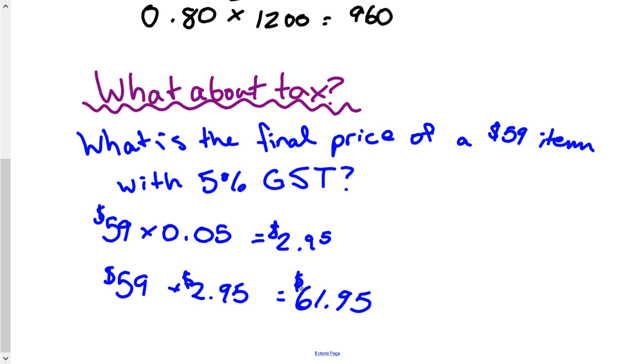And that works the same for anything when it comes to money. You just have to make sure to add your PST or your GST or your HST. They all mean the same. And sometimes we have items that have 2 taxes.